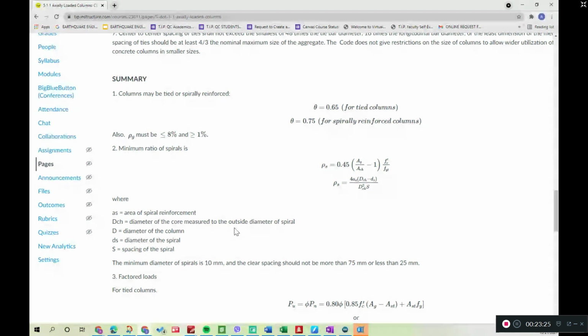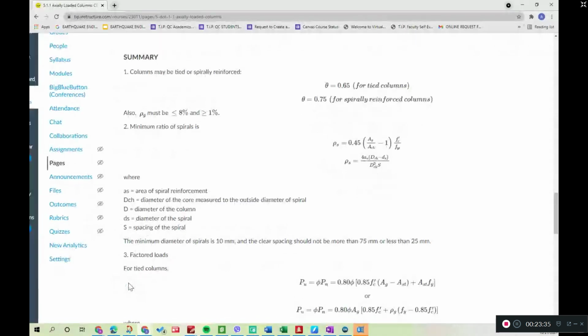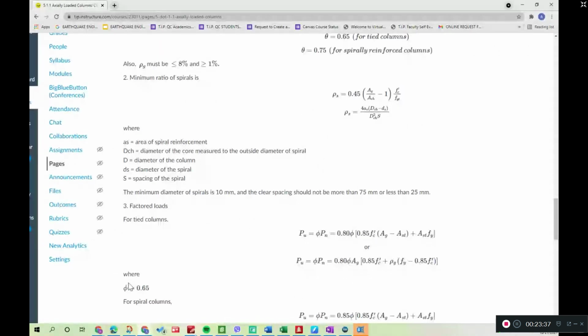It's not even within the boundaries of the longitudinal bars. It must be outside of the spiral. Then the minimum diameter of the spiral is 10 mm, and the spacing should not be more than 75 or less than 25.